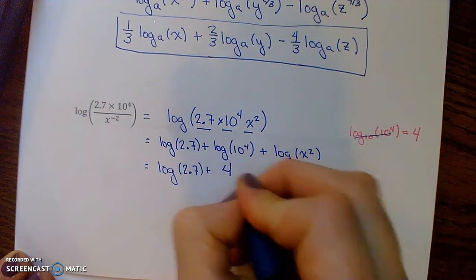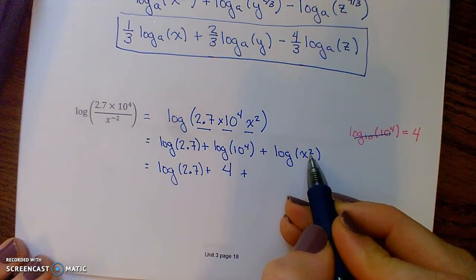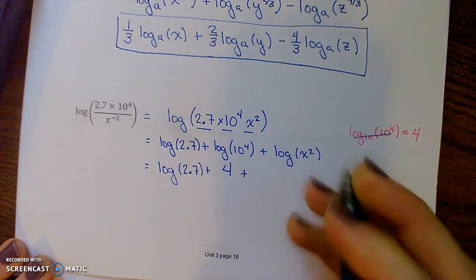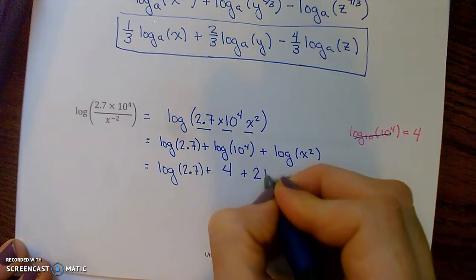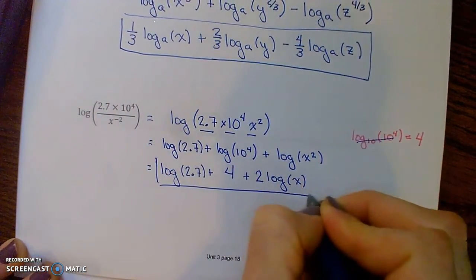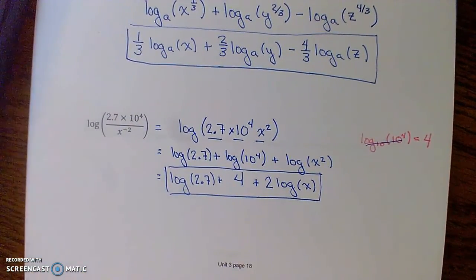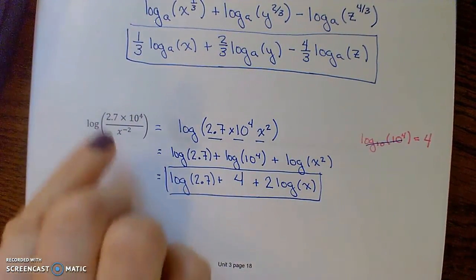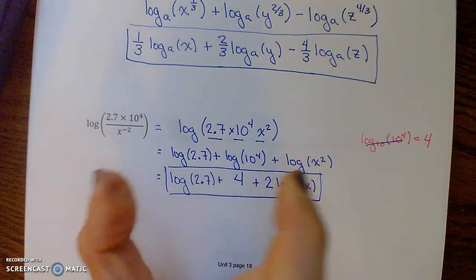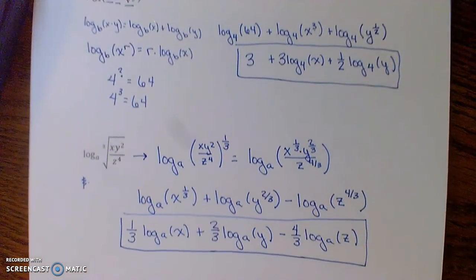So plus 4. And here, the exponent 2 can come out as a factor. So that'll be plus 2 log of x. So these are examples where you're given a single logarithm with some expression on the inside, and we can pull it apart, expand it as a sum or difference of logs.